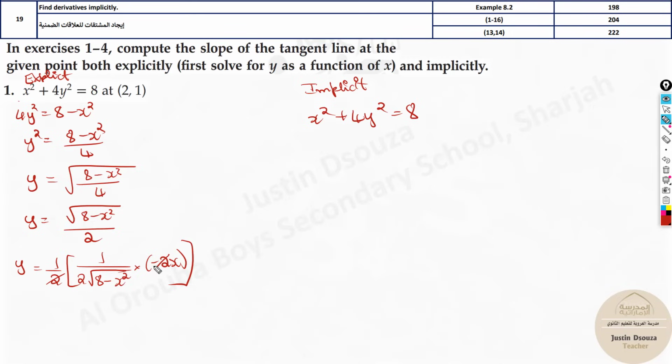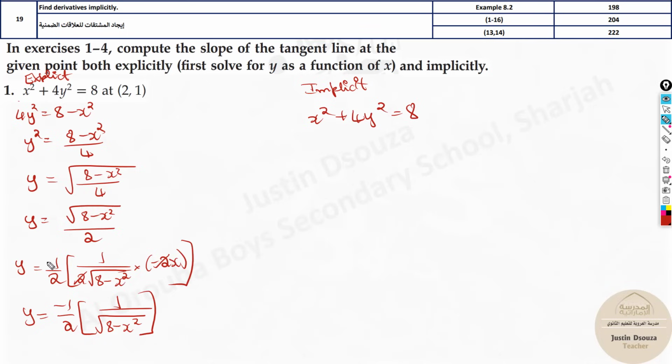See, this half cancels over here. Negative remains. Oh, there is one more half. Instead of that, just for easy understanding, I will just cancel this half, so this 2 and 2 are gone. So you're remaining with negative half multiplied by 1 by root of 8 minus x squared.